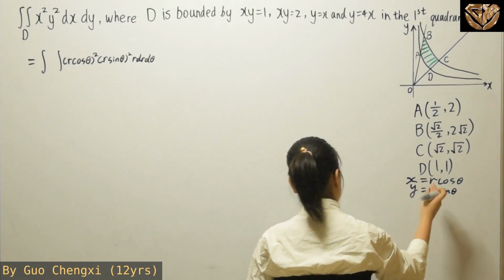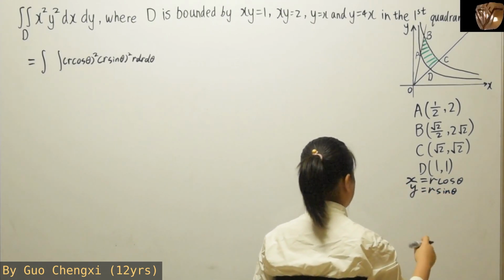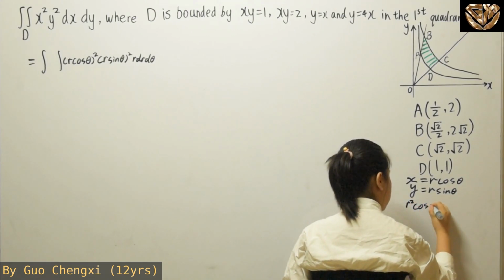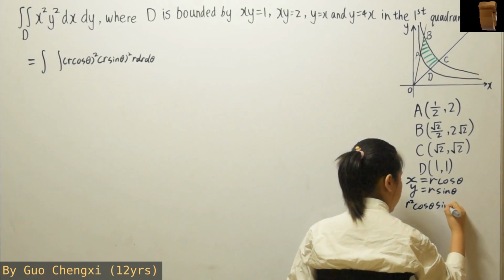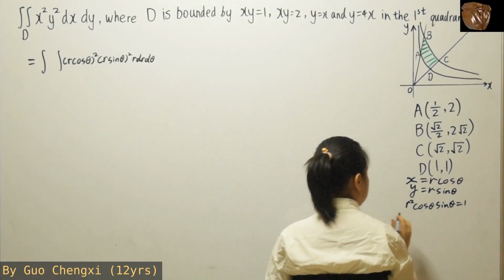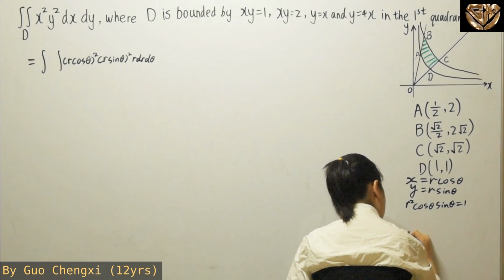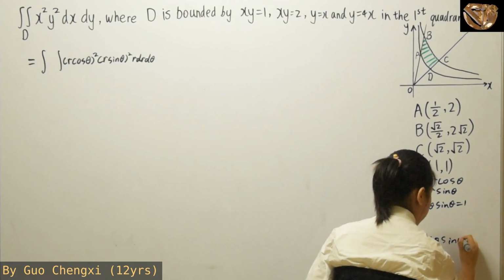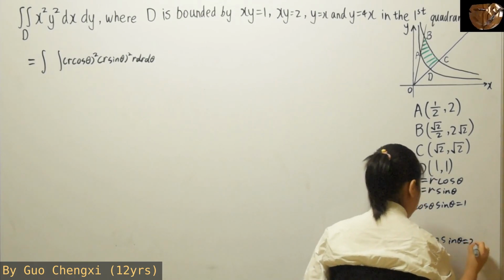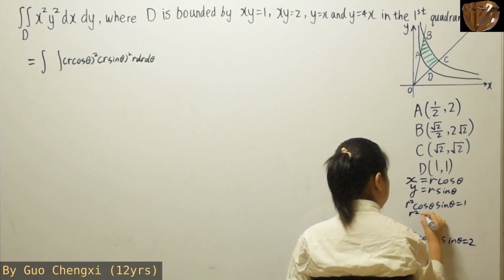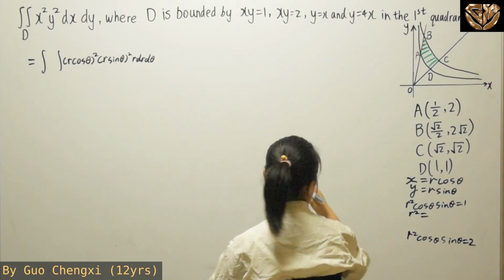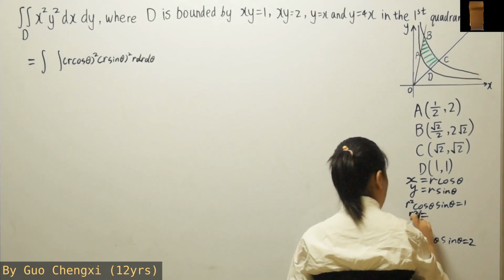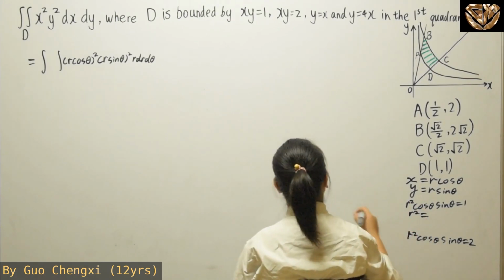Over here, for x and y we substitute r cosine theta and r sine theta, and we get r squared cosine theta sine theta equals 1, and r squared cosine theta sine theta equals 2. So in order to find the boundary, we have to find r for both of these functions.